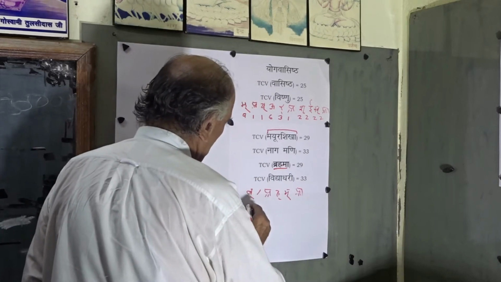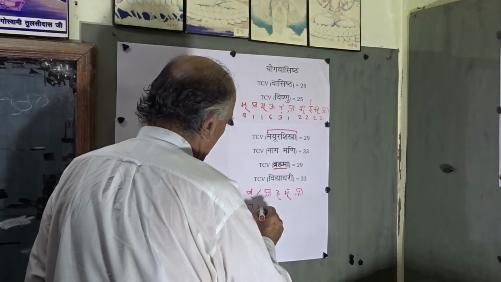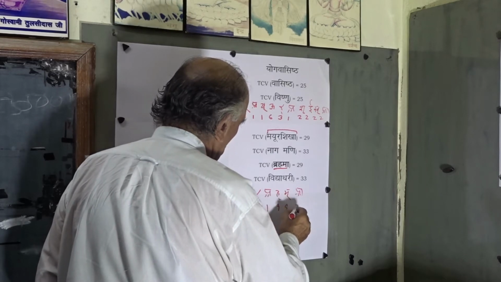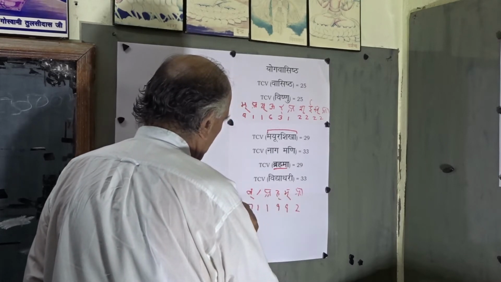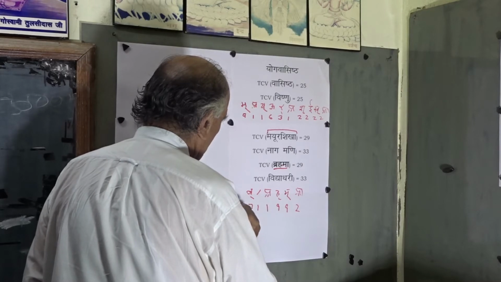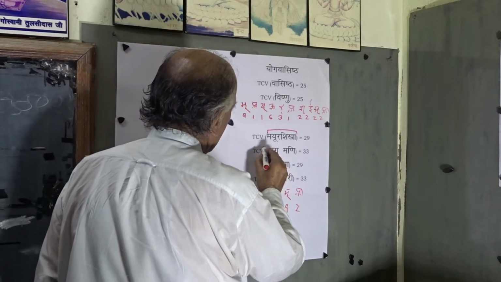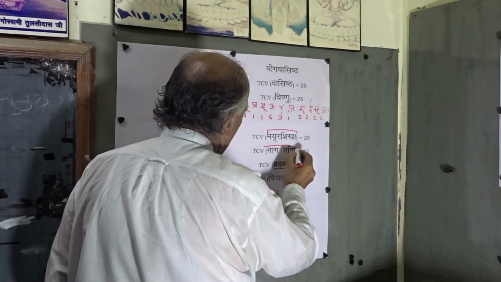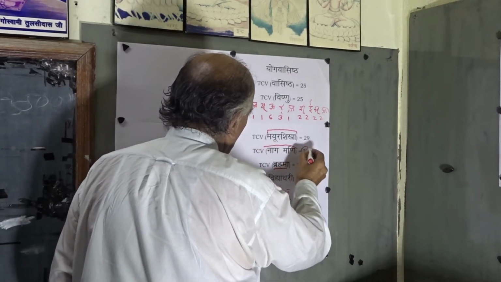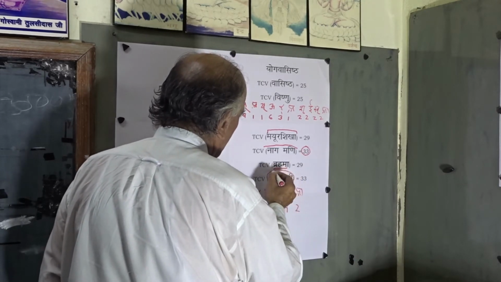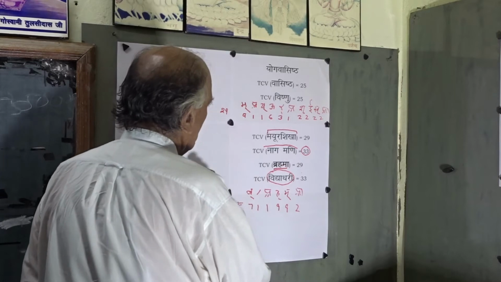Their placement values are 7, 1, 1, 9, 9, and 2, leading to the summation value 29. The second formulation, Nagmani, will lead us to value 33, and the formulation Vidyadhari as well leads to value 33.